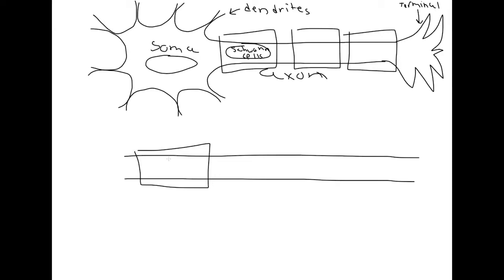Your axon is a bit like a conductor. Instead of conducting electrons, it conducts charge that is created by positively charged ions. So positive ions will create a charge difference in the membrane that the axon will conduct.